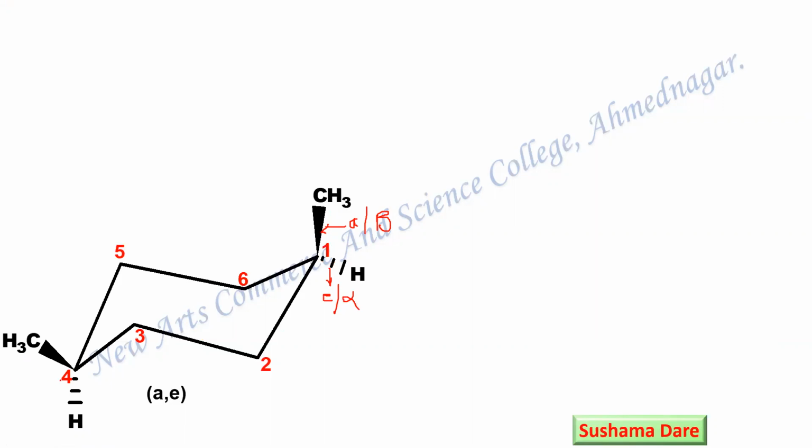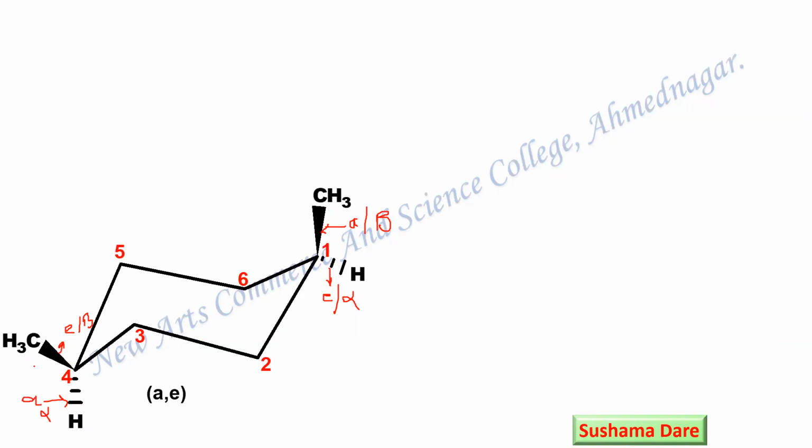Now at number 4 position, what is the requirement? Again the bond has to face in the upper direction. This bond is equatorial, and at the same time it is facing in the upper direction, so it is a beta bond. Now this hydrogen is facing in a downward direction, so it is alpha, and it is an axial bond.